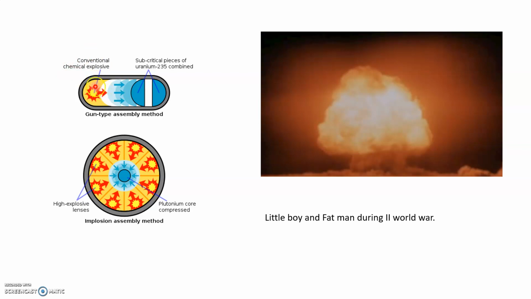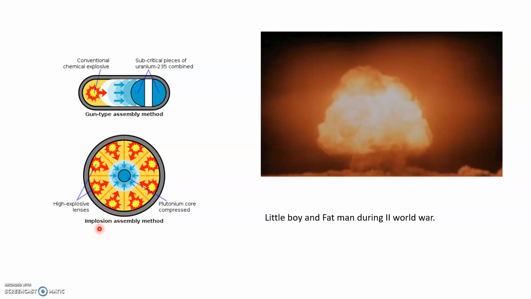As a result of this chemical explosion, one piece of the material is driven to join with the other piece of uranium-235. This type of method is called the gun type assembly method.